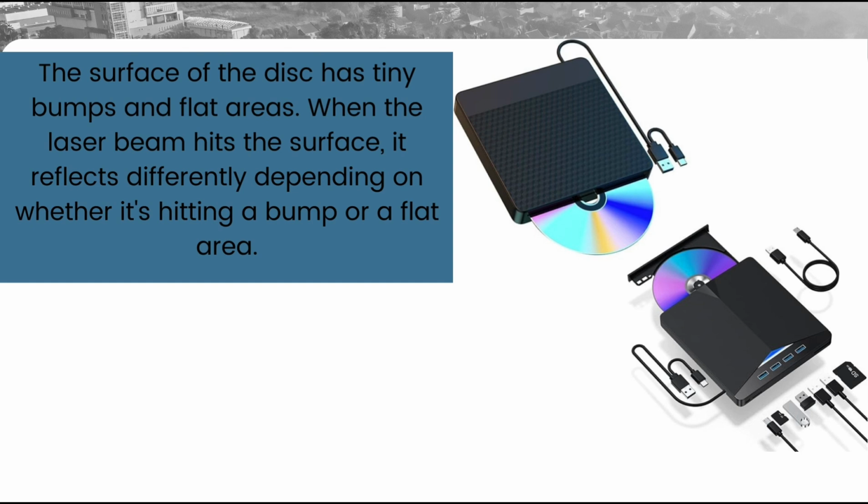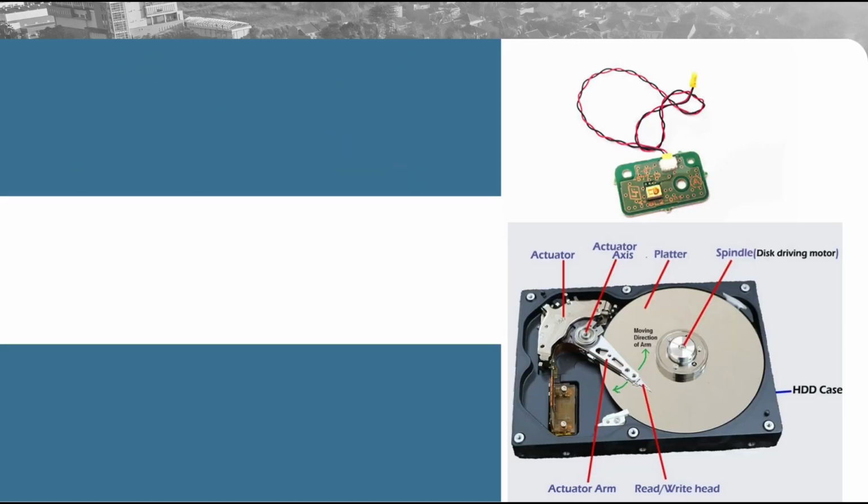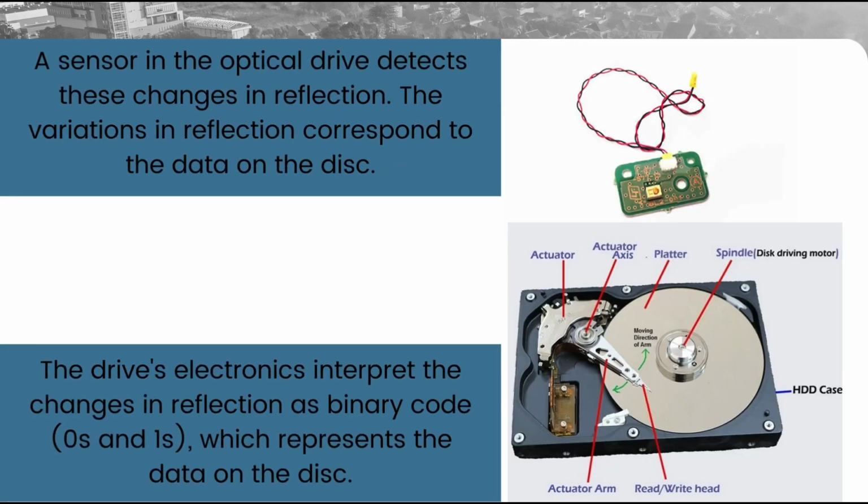When the laser beam hits the surface, it reflects differently depending on whether it is hitting a bump or a flat area. A sensor in the optical drive detects these changes in reflection.